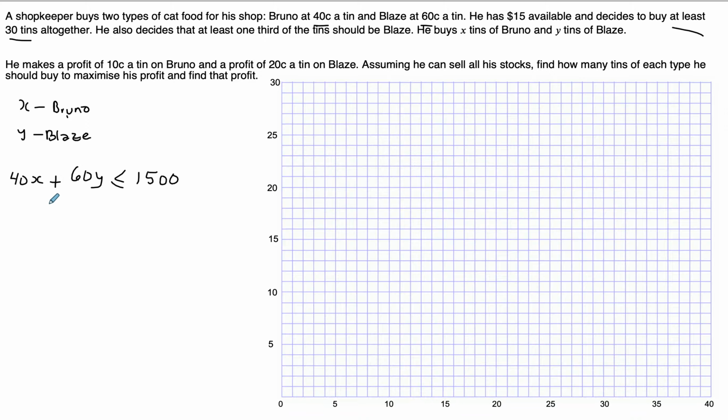Simplify this, so after simplifying, divide by 20, you're going to get 2x plus 3y is less than or equal to 75. So that's our first inequality.